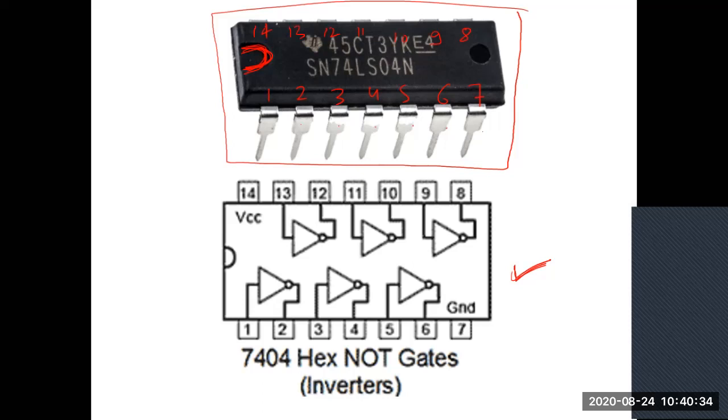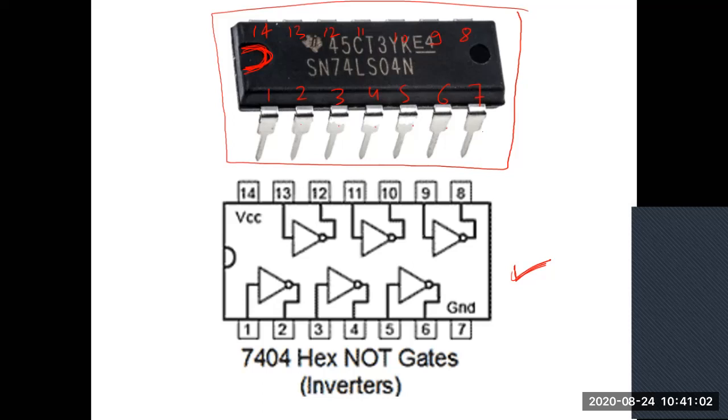Because you can't see the internal structure of the IC while doing the practical work, you need to already know how the internal things are connected to each other, and at what pin you need to give what value.